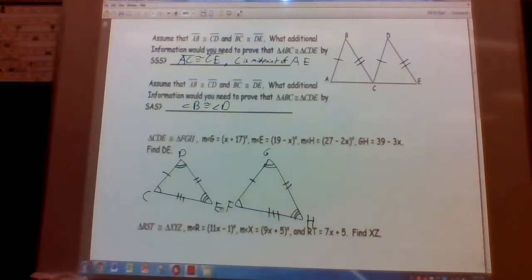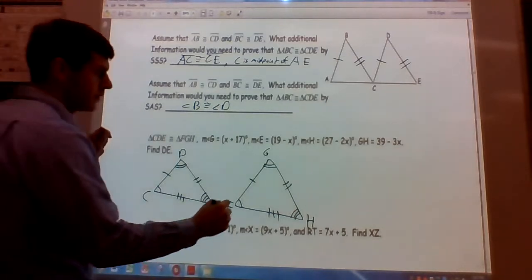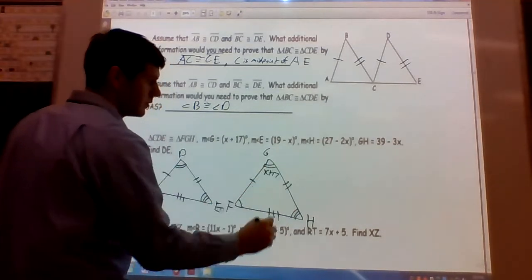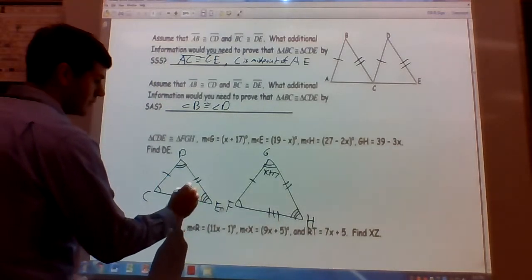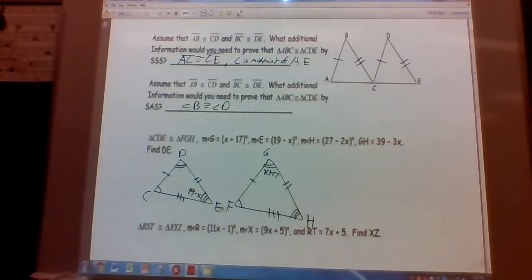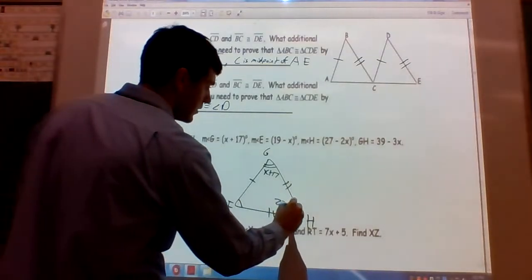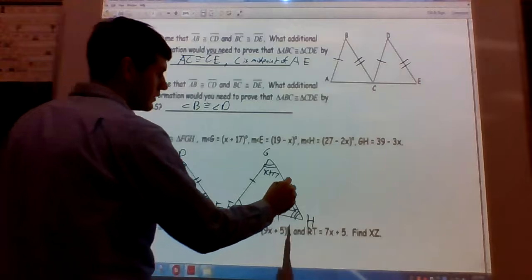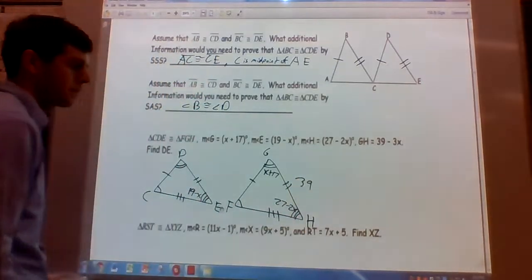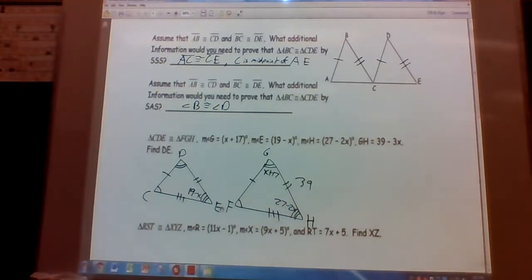Okay, then let's see. The measure of angle G is x plus 17. The measure of angle E is 19 minus x. The measure of angle H is 27 minus 2x. Okay, and then it says GH is 39, and it wants us to find DE.